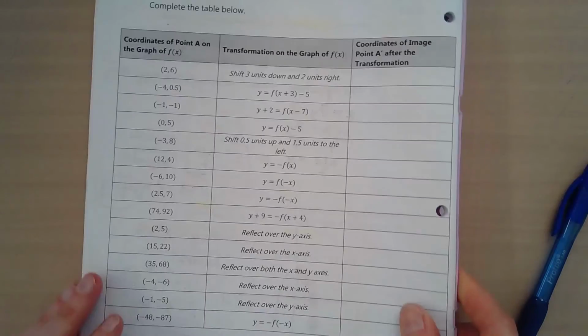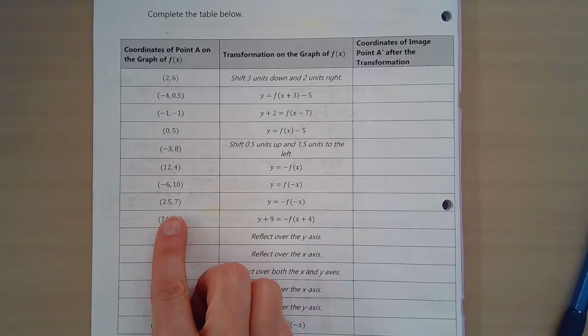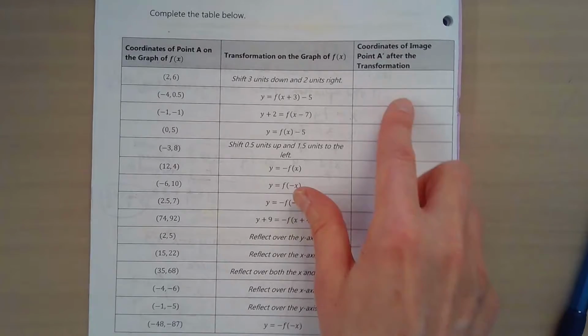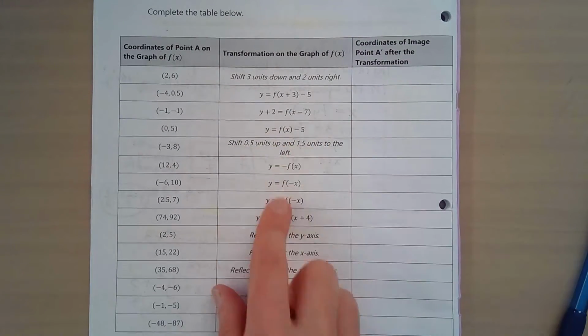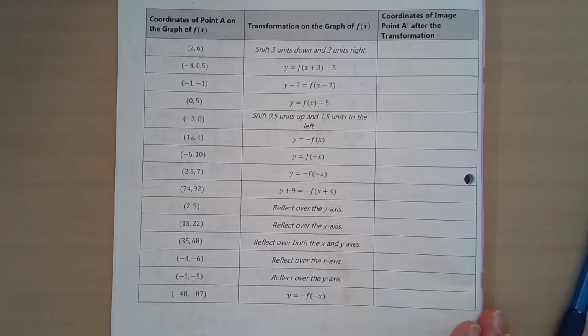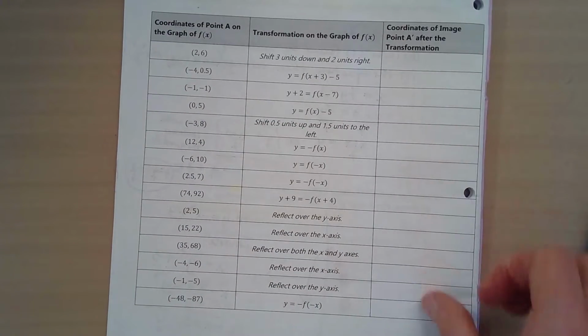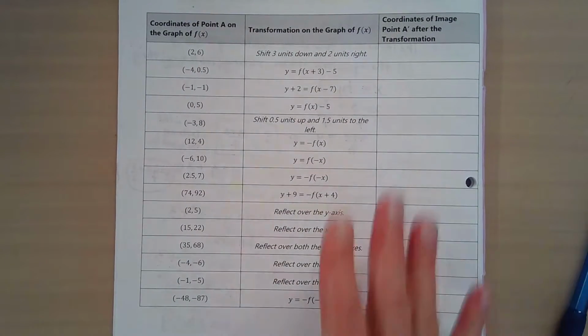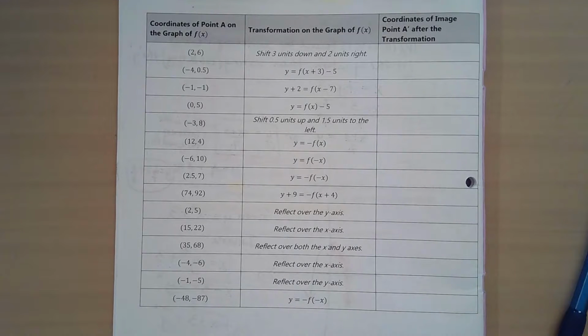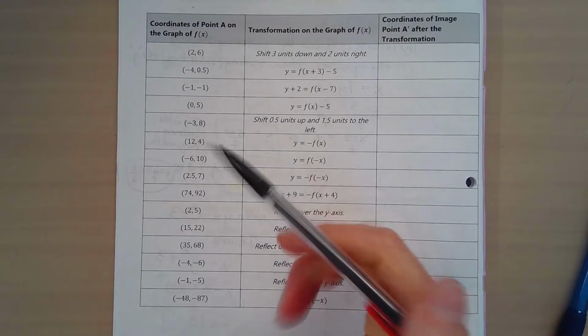On the very last page of your purple booklet, it just gives you some coordinate points, and it just asks you to write the coordinates after the transformations. If you just want to take a few minutes, it shouldn't take long. Record your answers, and then I'll record mine, and you can check your work if you haven't done that already, okay?